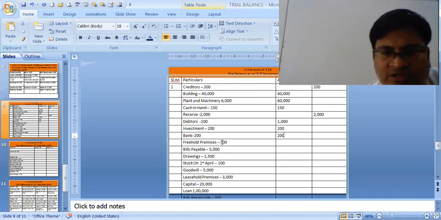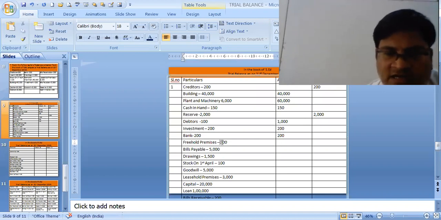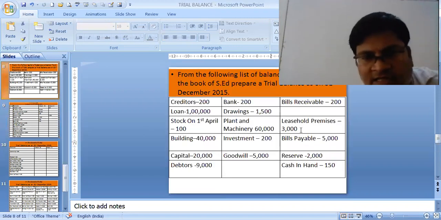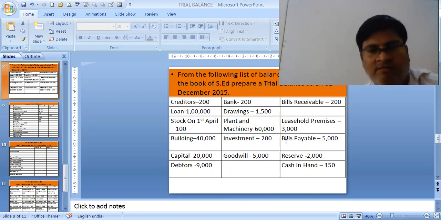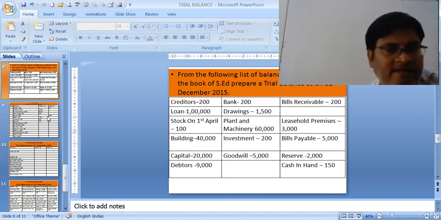Freehold premises should be at least 30,000. Freehold premises, I write 30,000 rather than a very mere amount. Freehold premises 30,000 will be written.